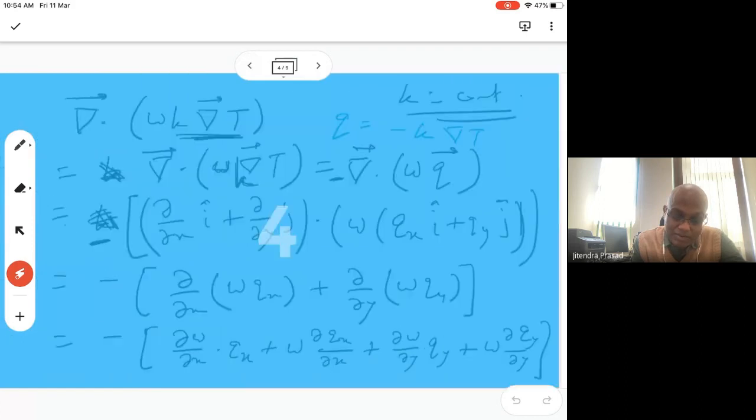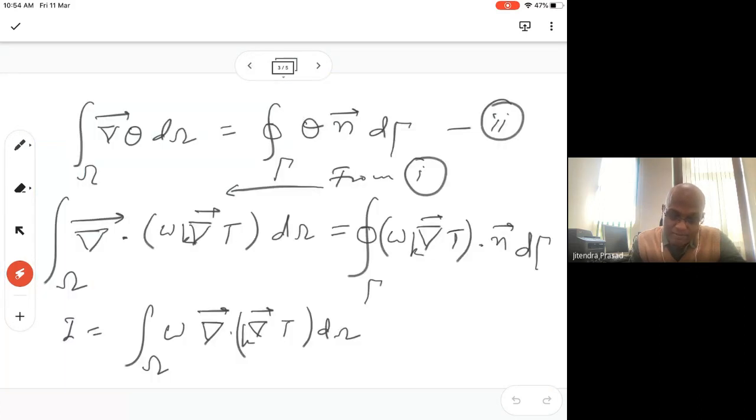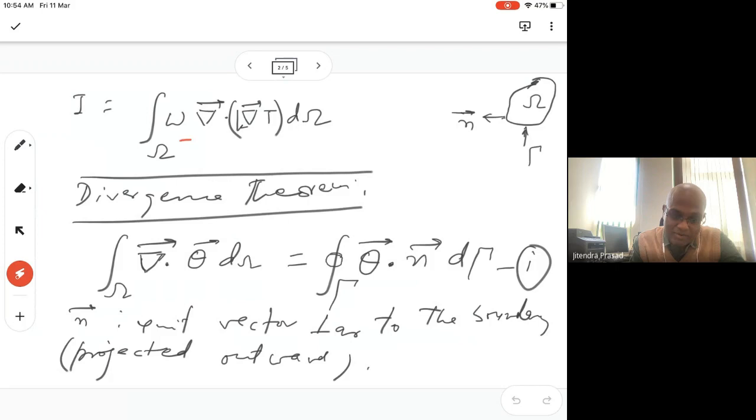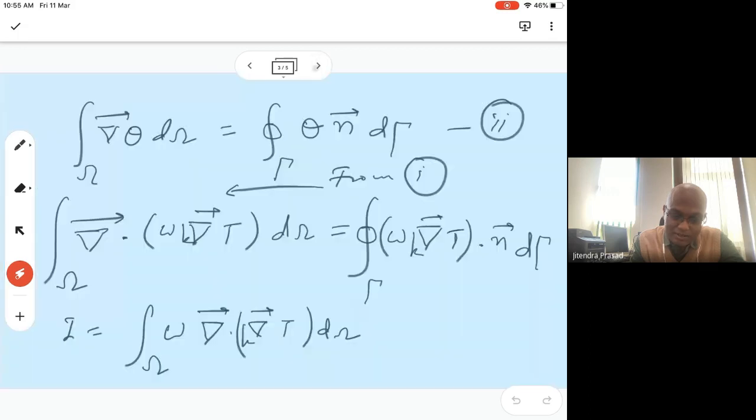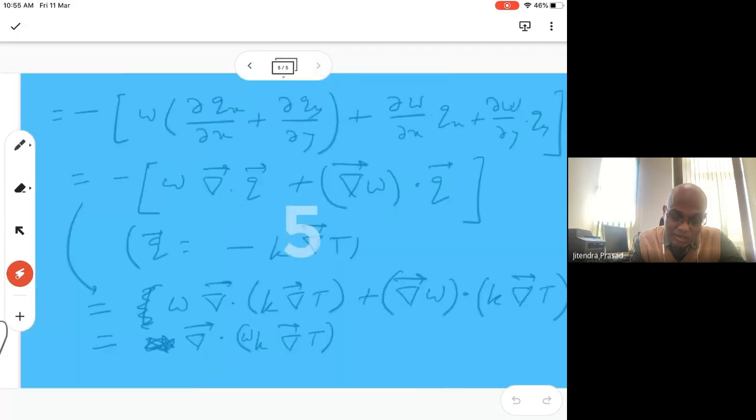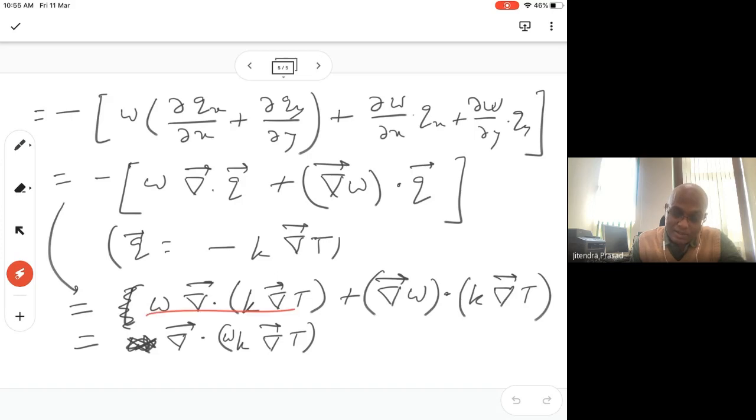That's why we have here, and hence in the equation, if you see here, we have w outside, and then we have gradient of K multiplied by the divergence of K times gradient of T, right? So this value, we have to expand this one. In order to find this one, this value is nothing but what we got here, right?